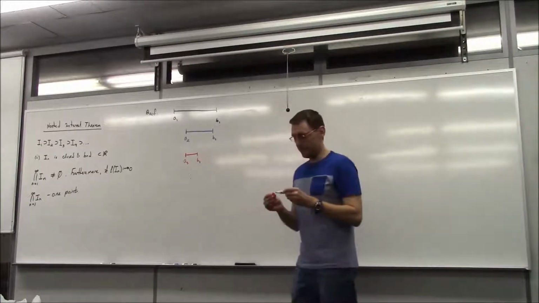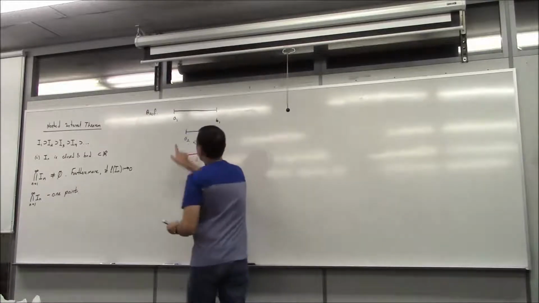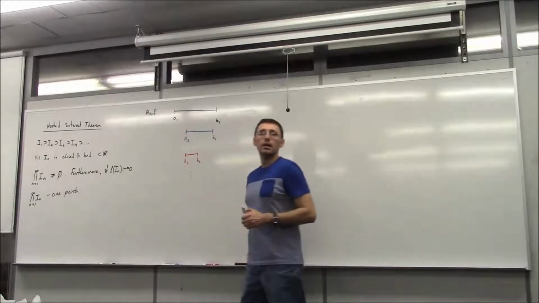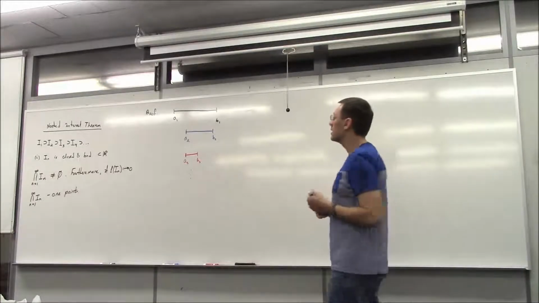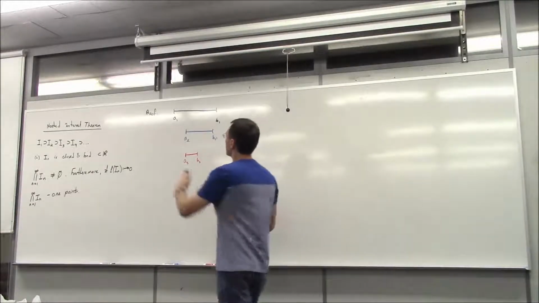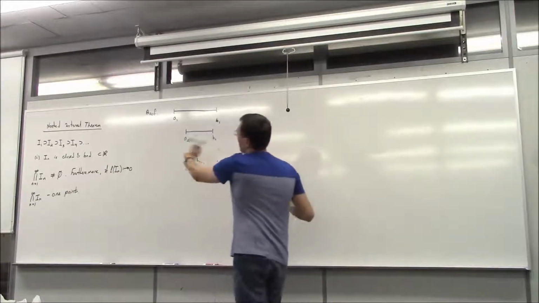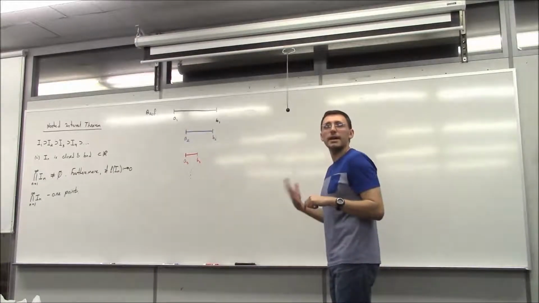What do you observe? Look at the endpoints. What happens to the A's? They are moving to the right, so the A's are growing.